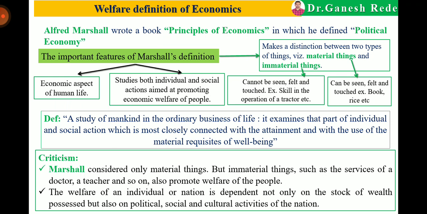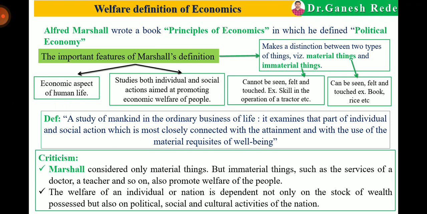Now again there is criticism. Again some economists raised criticism of the welfare definition, or Marshall's definition of economics. According to the criticism, Marshall considered only material things, but immaterial things such as the services of a doctor, the services of a teacher, and so on also promote the welfare of people. As we know, the welfare of people can be promoted by the service of a doctor, a teacher, or another serviceman.